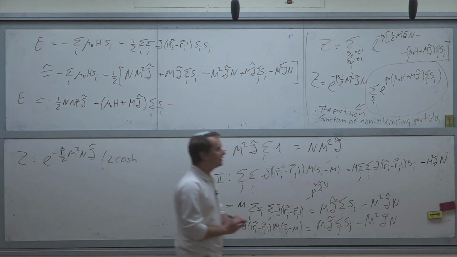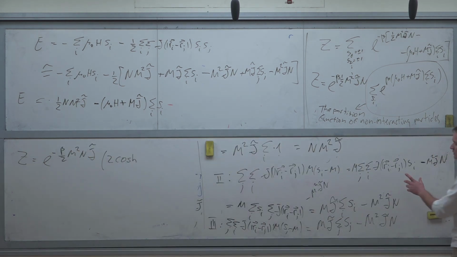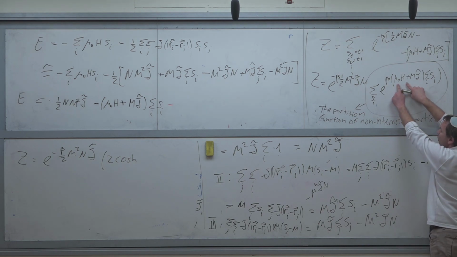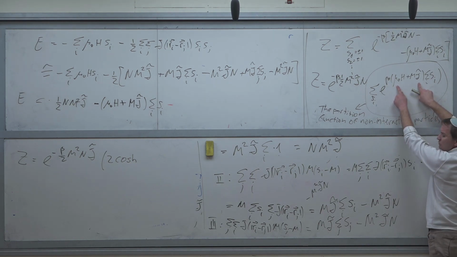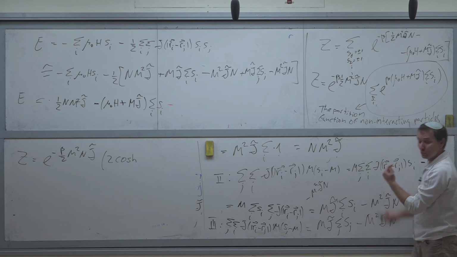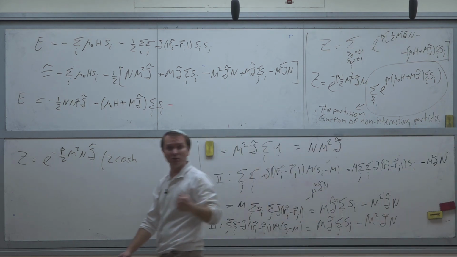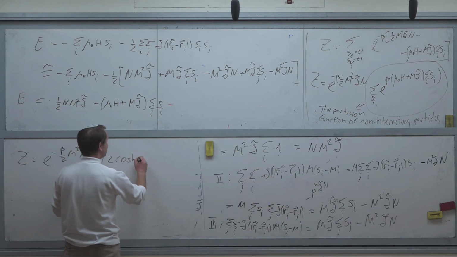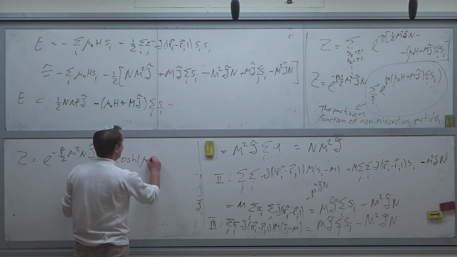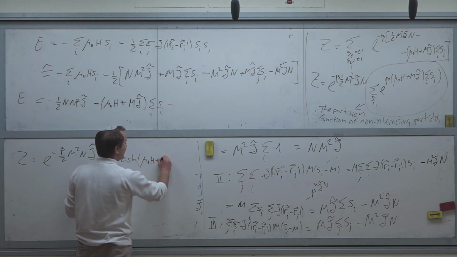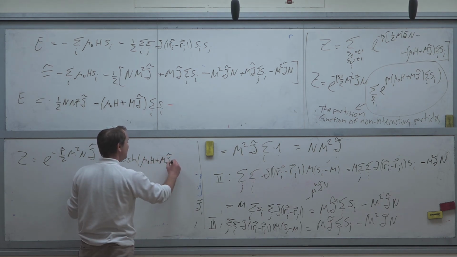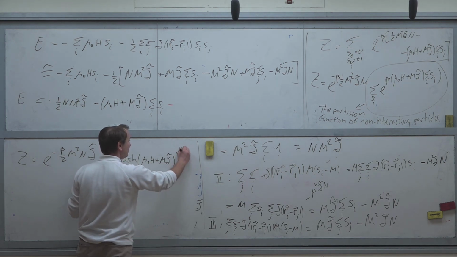The only thing that is different between the non-interacting case and our case is that instead of mu 0 h, we have mu 0 h plus m J tilde, but those are constants. We don't know what m is, but this is a constant. So we plug it inside: mu 0 h plus m J tilde, to the power N.